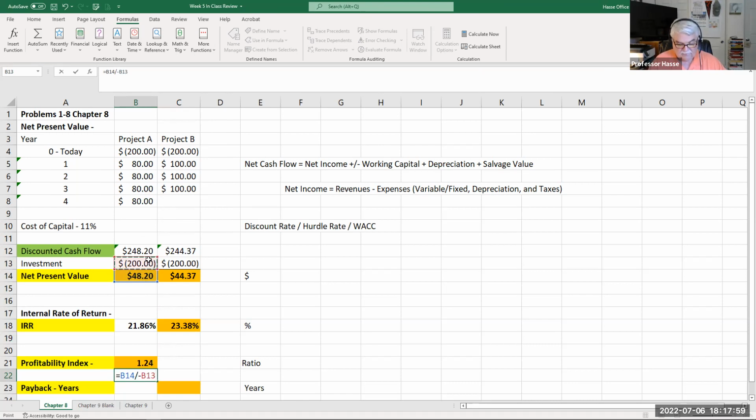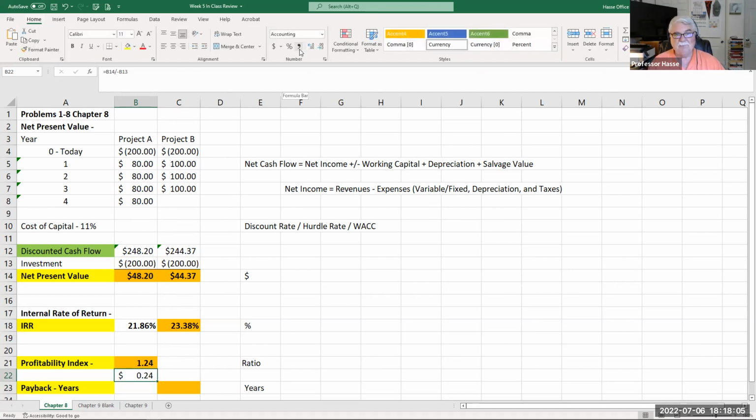It's just taking a look at it a different way. Either way is fine, but I prefer the discounted cash flow over the investment. You just want to see the perspective of that relationship.